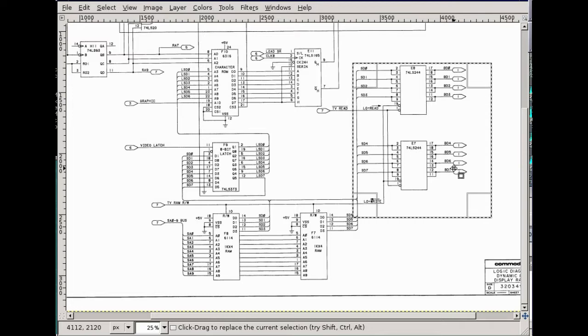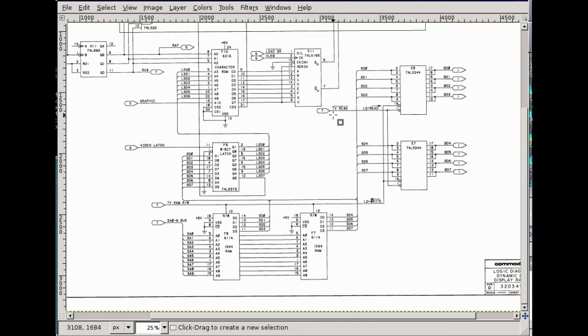But this is only during read and write operations from the CPU itself. So if we have this signal, which is called TV read, then it means the CPU wants to read the contents of the RAM, and this goes low, and these two transceivers connect the RAM data bus to the CPU data bus in this direction, from the screen data direction to the bus data direction.